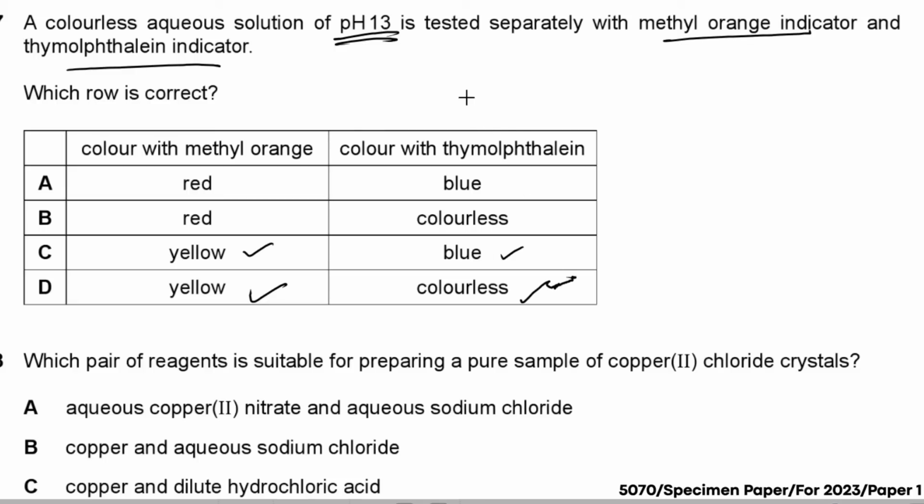Always remember that in an alkaline solution, we're going to get a blue color. For an acidic solution, we're going to get a colorless solution. It's almost like phenolphthalein, but much less toxic. Unlike the pink phenolphthalein, over here we're going to have a blue solution. So the answer is definitely going to be C.